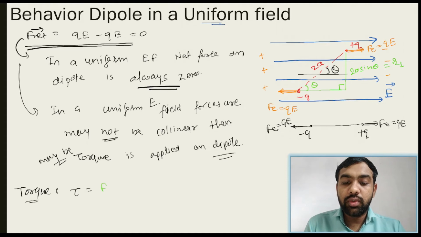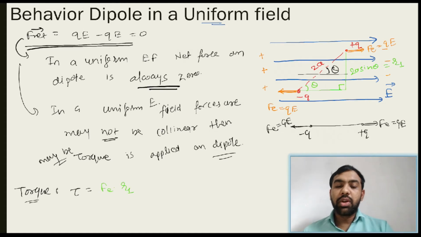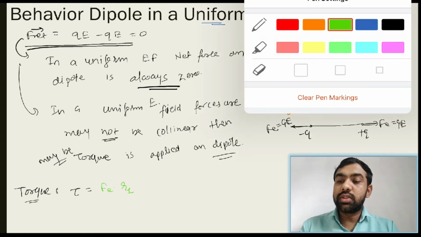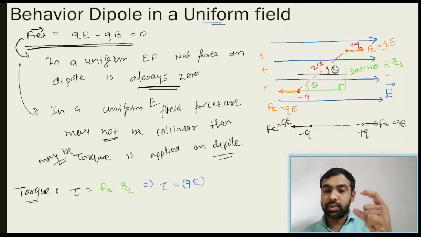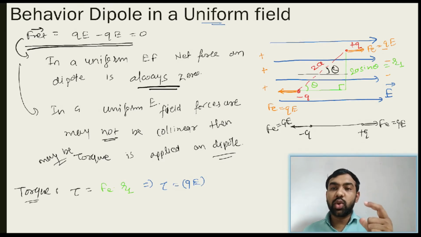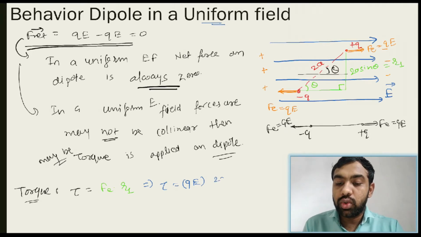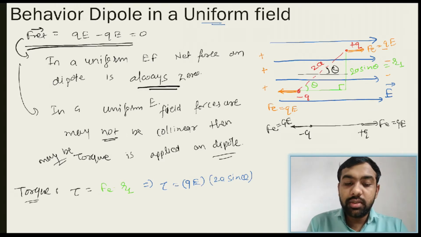The forces form a couple, and the torque of a couple is the magnitude of any one force times the perpendicular distance. So QE times R perpendicular, which is 2a sin theta.